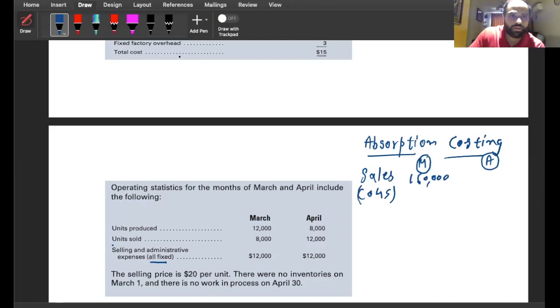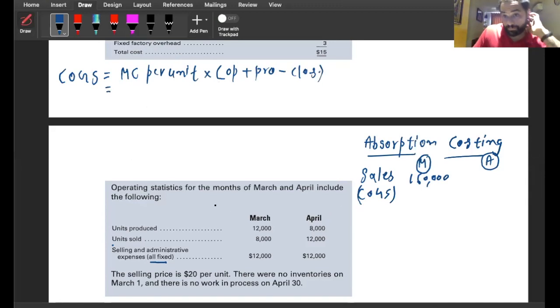Right. So let's calculate the cost of goods sold here. Cost of goods sold is the manufacturing cost per unit multiplied by opening plus production minus closing. Right. So how much is the manufacturing cost per unit? Total manufacturing cost per unit, 15.